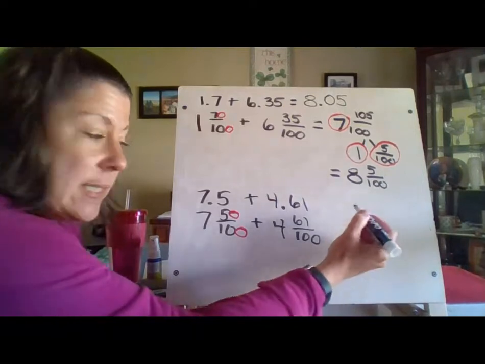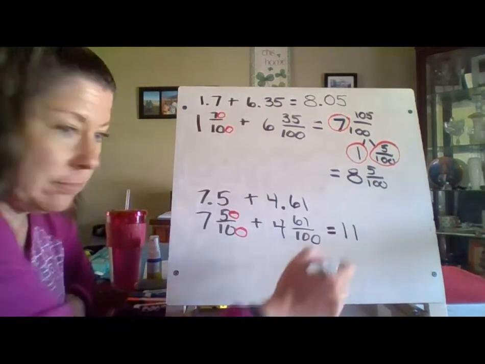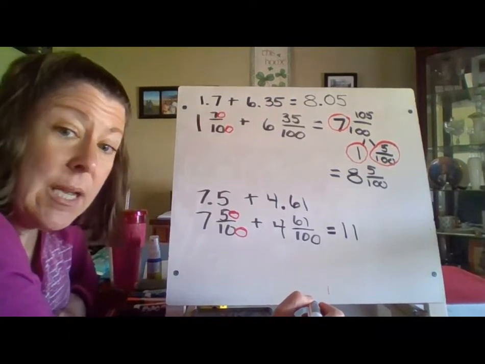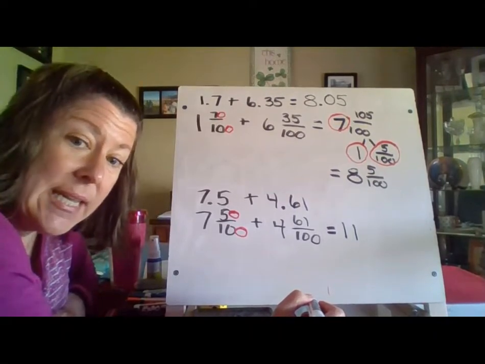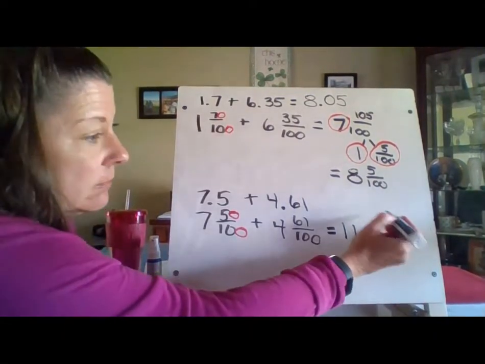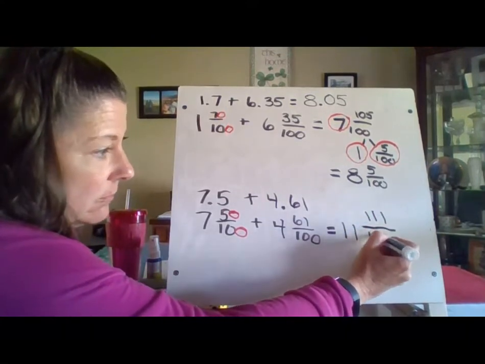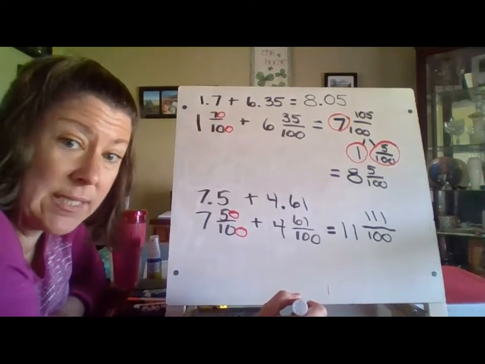7 plus 4 is equal to 11. 50/100ths plus 61/100ths is equal to 111/100ths.